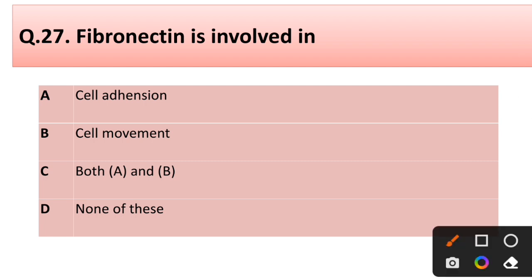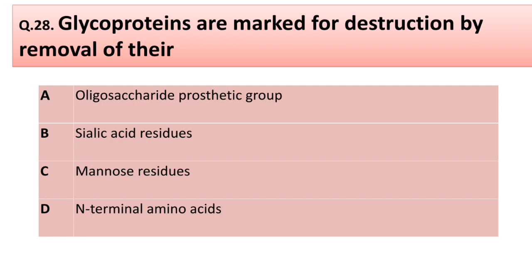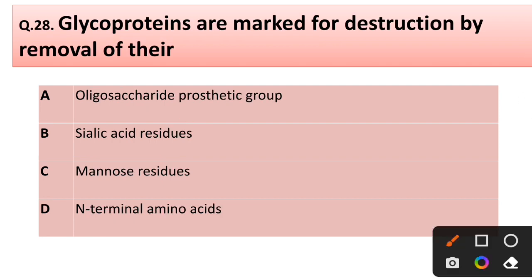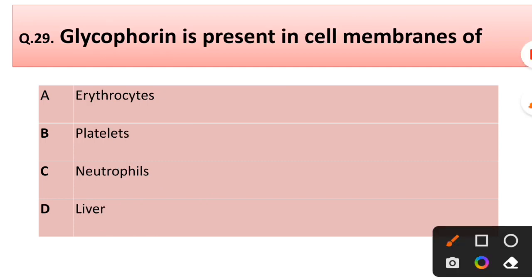Fibronectin is involved in cell adhesion, cell movement, both A and B, none of these. Correct answer is option B, involved in cell movement. Question number 28. Glycoproteins are marked for destruction by removal of their oligosaccharide prosthetic group, sialic acid residue, mannose residue, and terminal amino acid. Correct answer is option D, N-terminal amino acid.